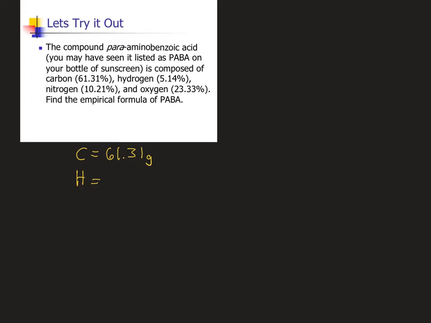Hydrogen is going to be, it's probably going to be a little too close, so we'll erase that, give myself some space here. Hydrogen is going to be 5.14 grams. Nitrogen is going to be 10.21 grams. And oxygen is going to be 23.33 grams.